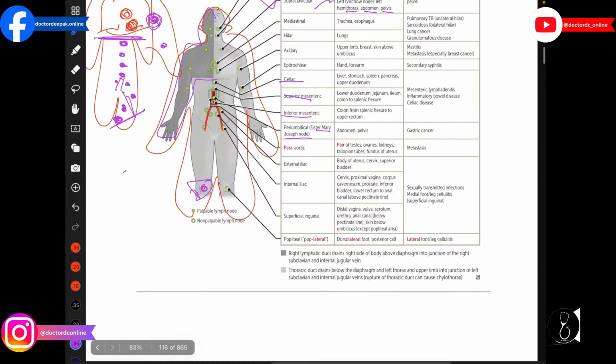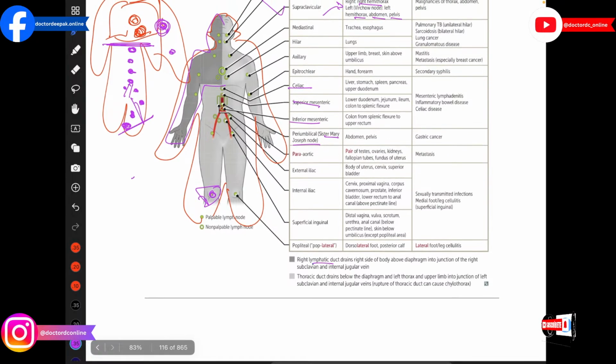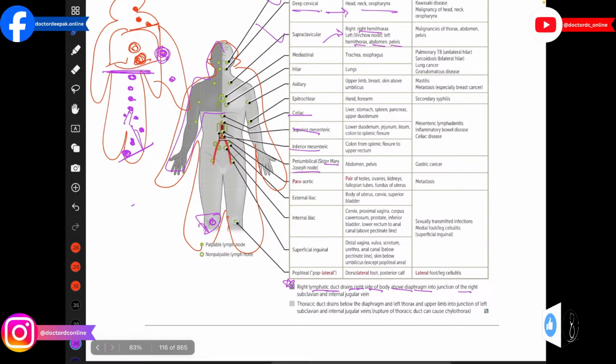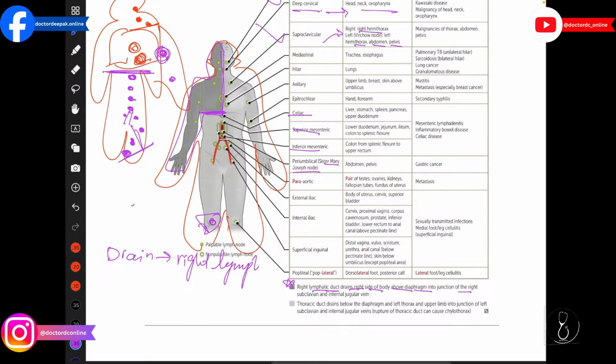Lymphatic drainage of the right side of the body above the diaphragm goes into the junction of the right subclavian and internal jugular vein. The right side above the diaphragm will drain into the right lymphatic duct, at the junction of the right subclavian and internal jugular vein.